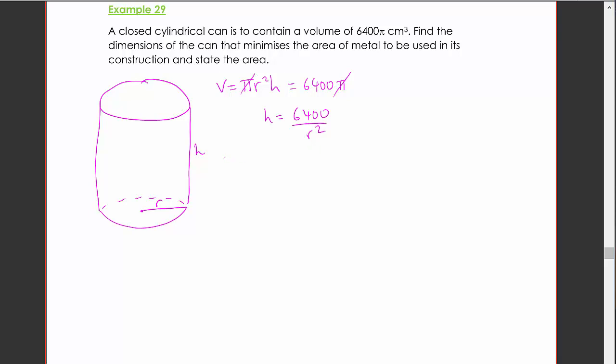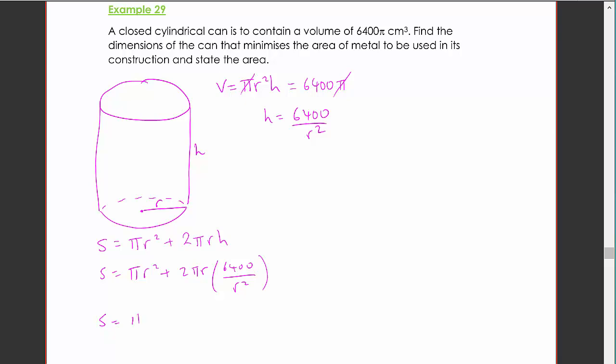So the surface area is what we're interested in. So let's look at the surface area. We've got two circles, so those will be pi r squared, and the curved surface area is 2 pi r h. So that's going to be pi r squared plus 2 pi r times 6,400 over r squared.